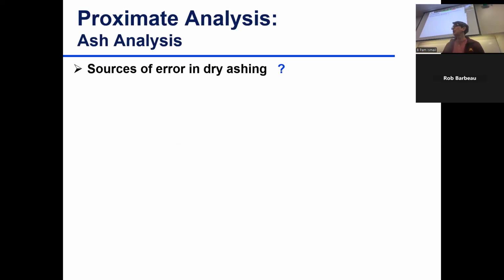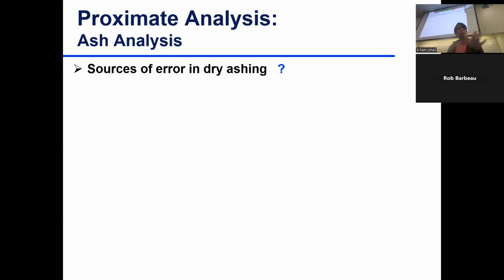Another common one is incomplete combustion. So if your ash is not white, and your sample doesn't always give you a white color, you don't really know if you have completed the combustion or not. If it's not a complete combustion, you will get over or underestimation.